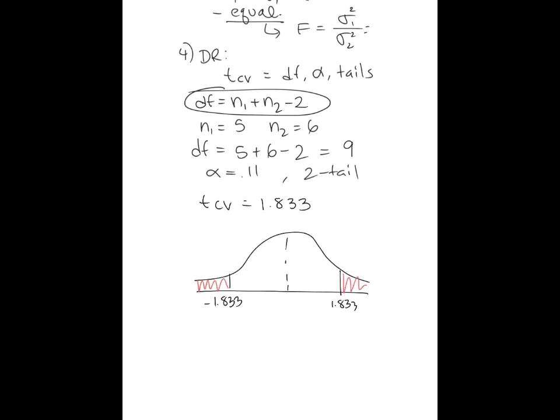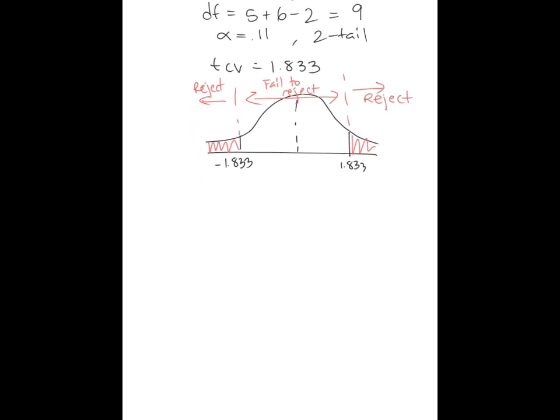Here's our rejection regions. If we get a test statistic between negative 1.83 and positive 1.83, we fail to reject. And when we fail to reject, in this case, we're basically saying that the two methods are not different from each other, they're the same. If we reject, we're saying that the methods are different from each other. Okay, so we have our region set up.